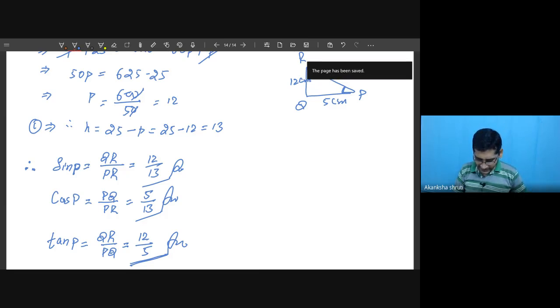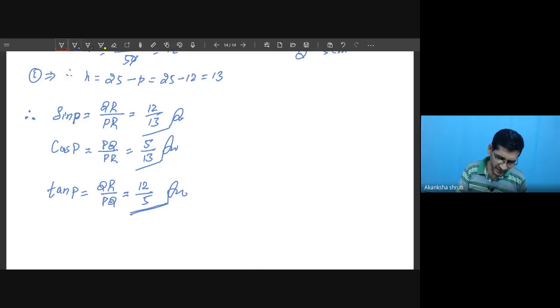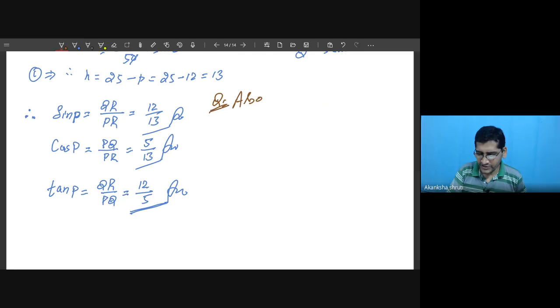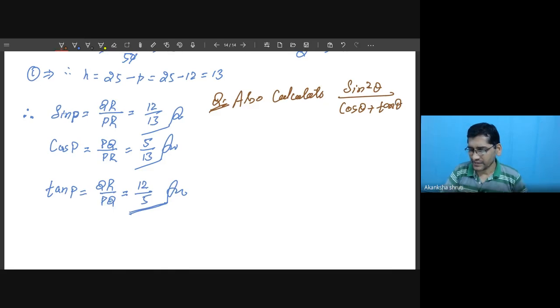A student, again here it may ask that you also have to calculate an additional question based on this. Also calculate sin square theta divided by cos theta plus tan of theta. यदि आपको ये कैलकुलेट करने हैं तो just we have to substitute it here.